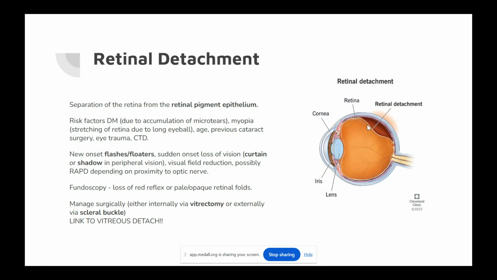Again, there are a couple of risk factors associated with this, and the most common one is vitreous detachment, which just happens with age and is also linked to diabetes. It is also linked to myopia, and it could be, if you think about it, just some sort of eye trauma that detaches the vitreous, and then the retina detaches as a result.